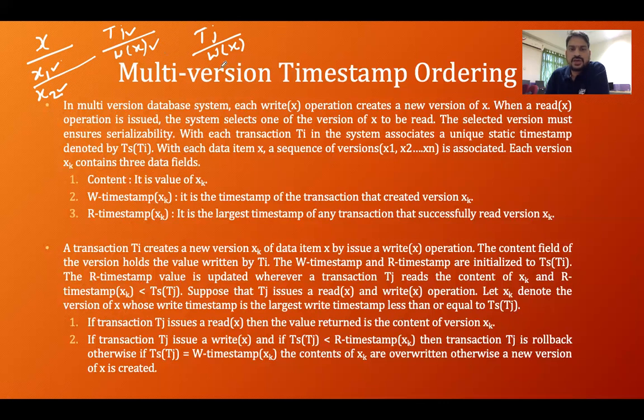When a transaction wants a read operation, that read operation will be executed, and it will read a version of X. Let's say there are some 4 versions of X. Which version of X will be read by this read operation is taken care of in such a way that serializability will be maintained.